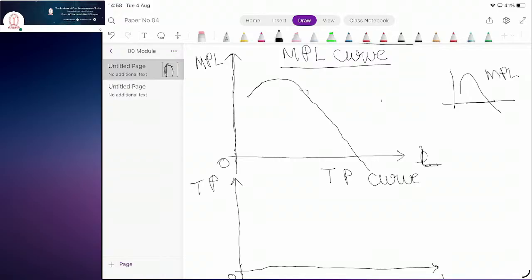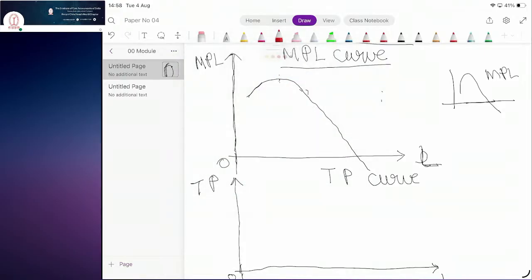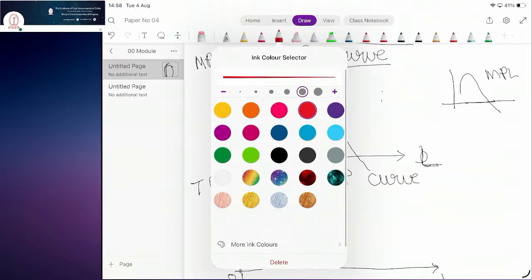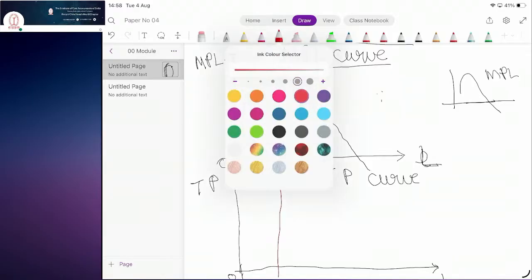Okay, now see to it that there is a point where the MPL curve is reaching its maximum point. From this point I will draw a horizontal line here, and from here I will draw a line all the way down.